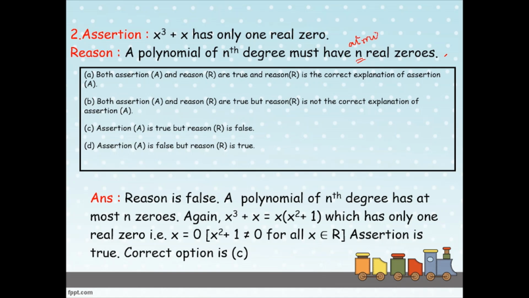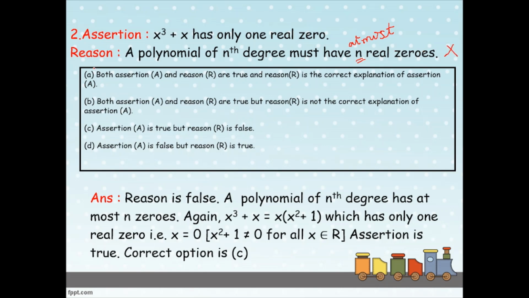So, suppose the degree is 3, it means at most 3 zeros you will get. If the words at most are there, the reason is true. It is not present in this reason, so it is a false statement.